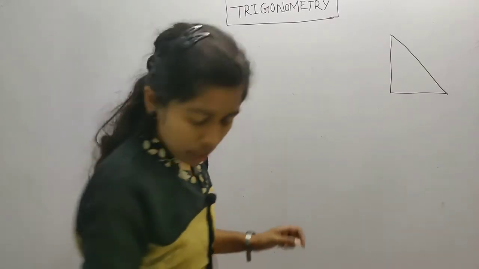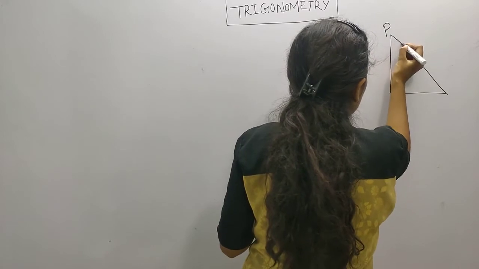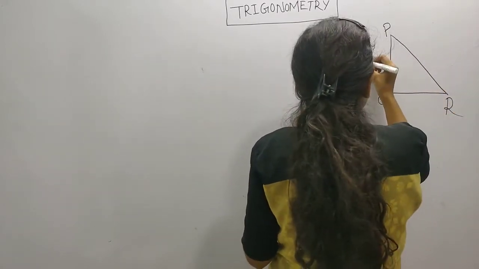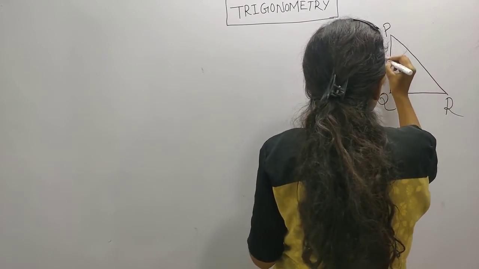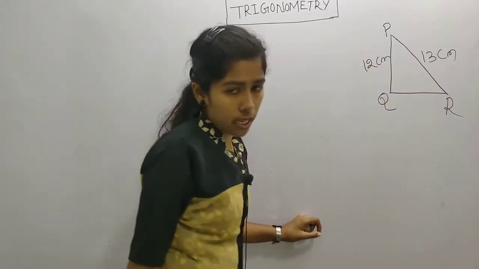What is there here? This is given P, this is Q and this is R. PQ is given 12 cm, PR is given 13 cm.